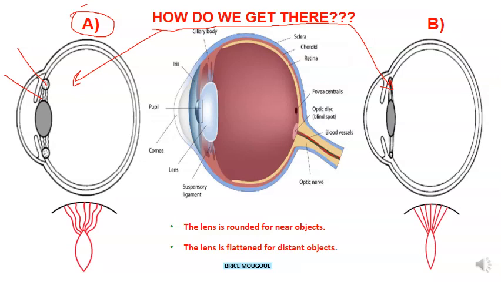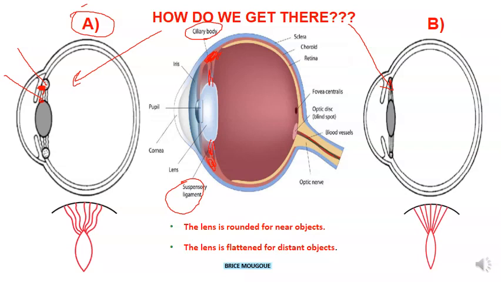Notice that the suspensory ligaments are attached to the ciliary muscles, or otherwise the ciliary body, and the suspensory ligaments are also attached to the lens. That's what we have here. This is our ciliary body. So what you have there, made up of ciliary muscles being attached by the suspensory ligaments on both sides, and the suspensory ligaments also attach the lens.